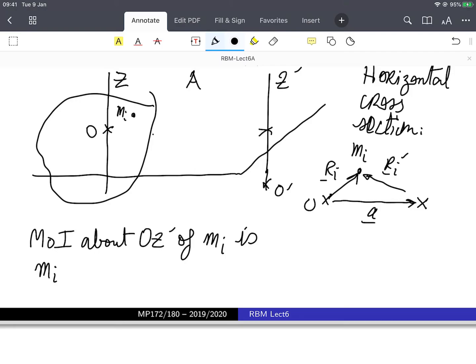The distance here is going to be Ri prime squared. I can write it like this: Mi Ri prime dot Ri prime, and Ri prime, this vector here, to go from here to here, I can go this way, minus A plus Ri. There to there it's that way, minus A plus Ri.